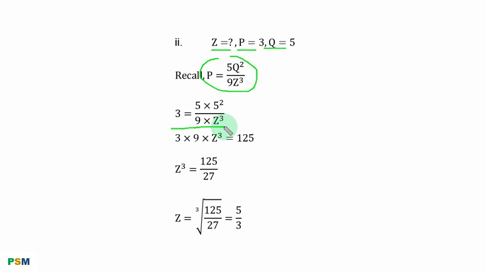Multiply through by 9 times Z cube to clear fraction. To get Z cube first, divide both sides by 27. That is 3 times 9. You have this result. To get Z, take the cube root of both sides, and you have 5 over 3 as the value of Z.